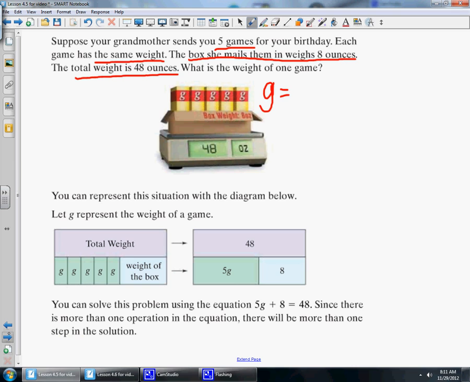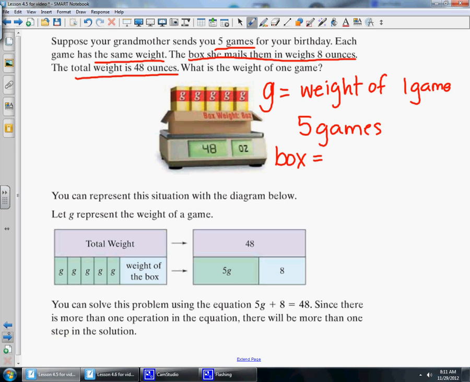So g is going to be the weight of one game. Then we know that there are 5 games. We know that the box is equal to 8 ounces.